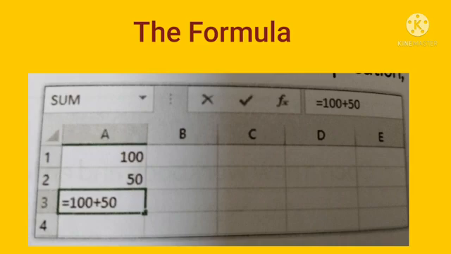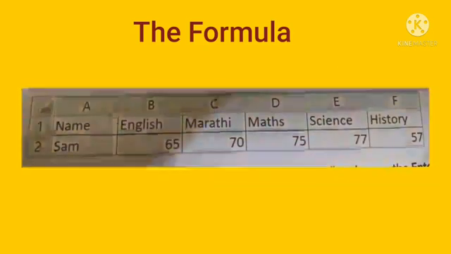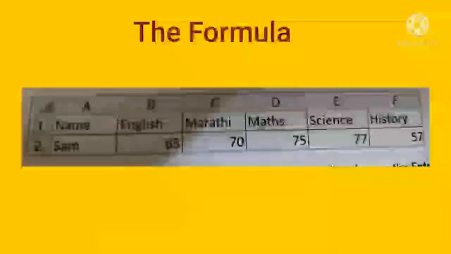Press the enter key and immediately the result 150 will be displayed in A3 cell. Now students, here for sum we can use the numbers, but it is preferable to use a formula with the cell address.